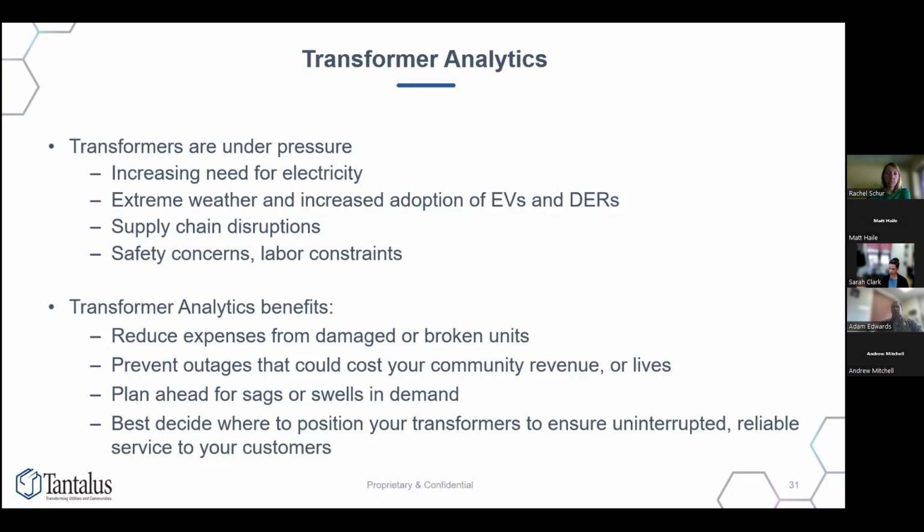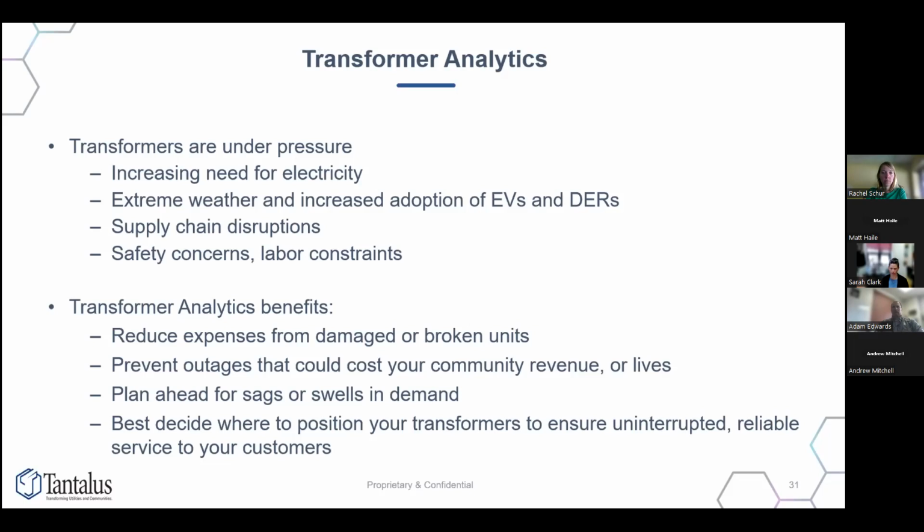Planning ahead for sags or swells in demand based upon the information that you're getting from the system, as the team here went through. And then, best decision on how and where to position transformers to ensure that you're continuing to deliver the quality service that your customers and members have become accustomed to. So that's really where we came out on putting this together.